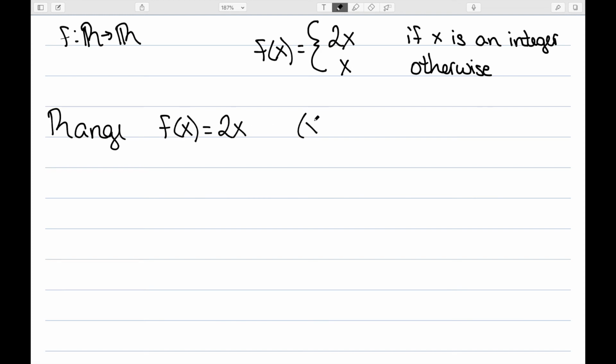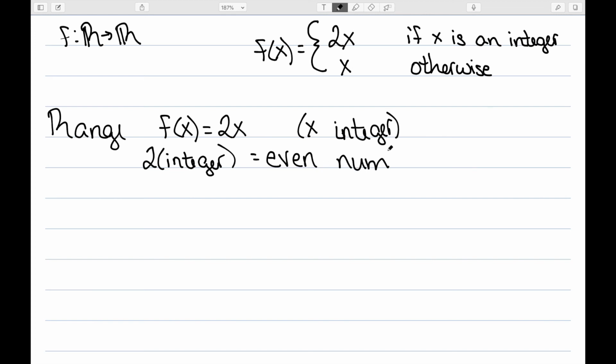We know in this case x is an integer. Well, 2 times an integer is going to be an even number. So 2 times any integer. This is how we define even numbers. So my range will consist of all even numbers.